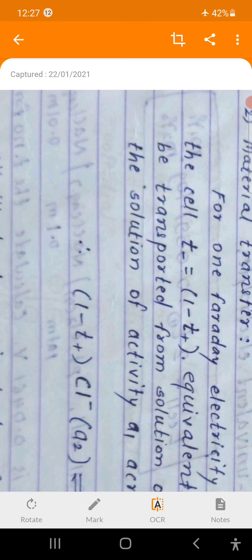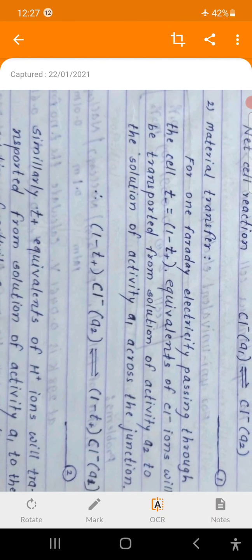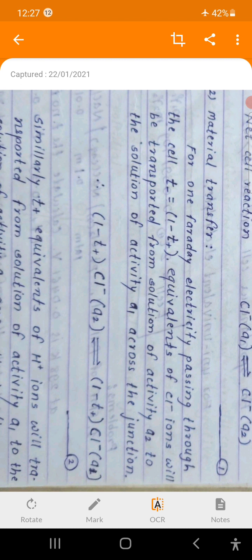Therefore we can write these material transfer reactions as follows.